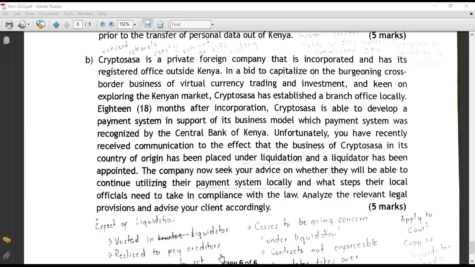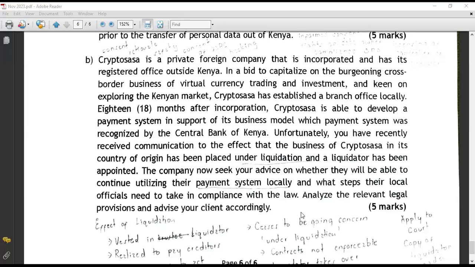And the impact will be, it will either also need to be liquidated depending on the mandate of the liquidator, or they will need to now enter into administration. And that one is now, it's either of those two. In administration, because now the assets of the CryptoSasa group will be run by the liquidator for the benefit of the creditors.